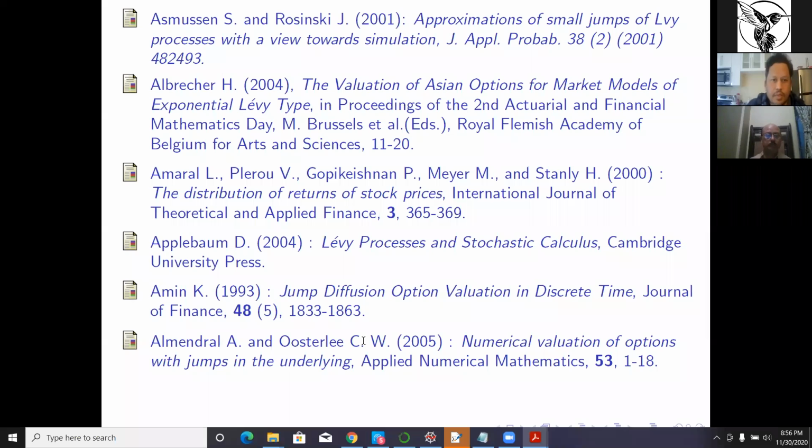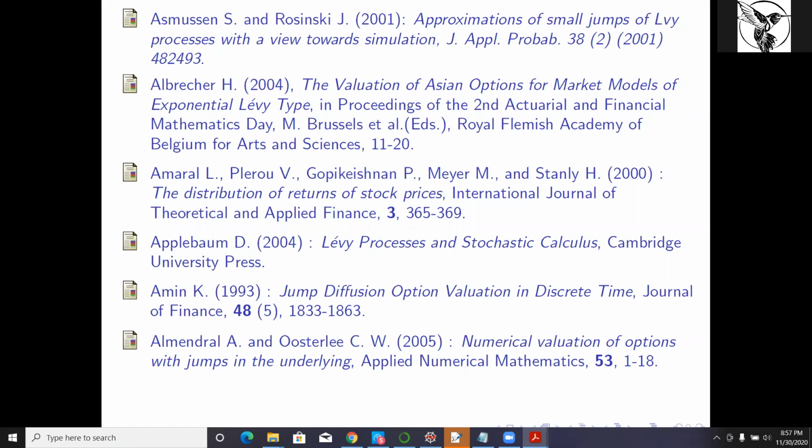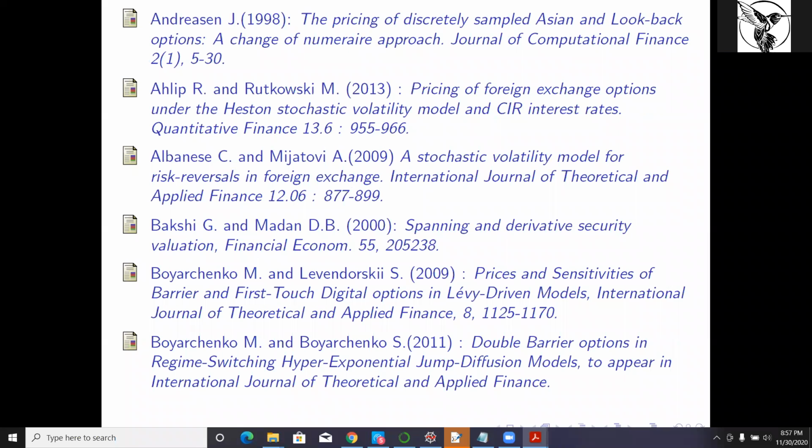Okay, some of the interesting references I should tell you about are on pricing and hedging in incomplete markets and pricing with the Levy process.